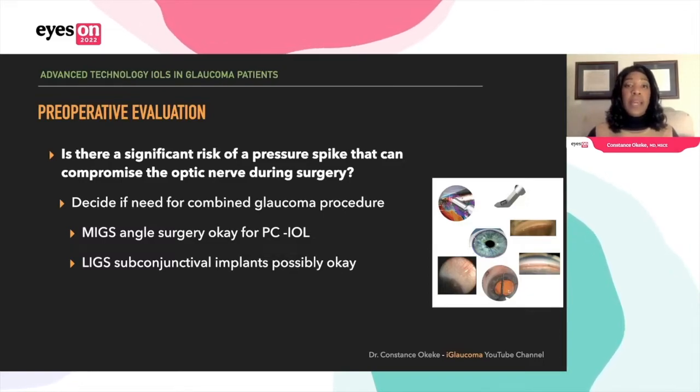Now, I will say that I have had experiences of, say, a patient who has had a trabeculectomy or a tube shunt, and these patients can have these type of lenses that can correct astigmatism and allow for extended range, but they have to have a stable refraction.